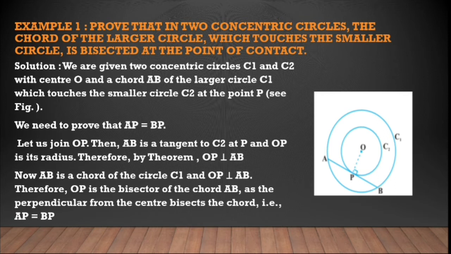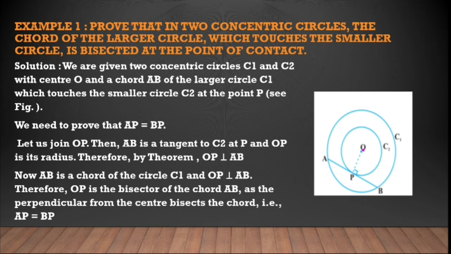The first example is: prove that in two concentric circles, the chord of the larger circle which touches the smaller circle is bisected at the point of contact. So look here, there are two concentric circles. That means their center is the same. The center O is common for both circles.